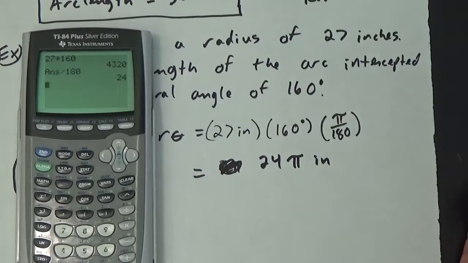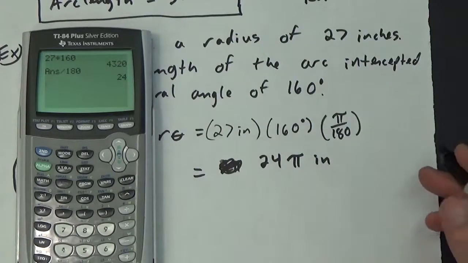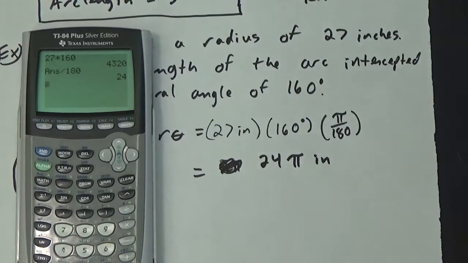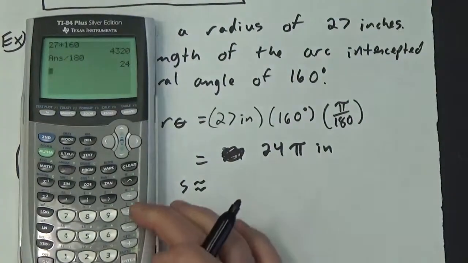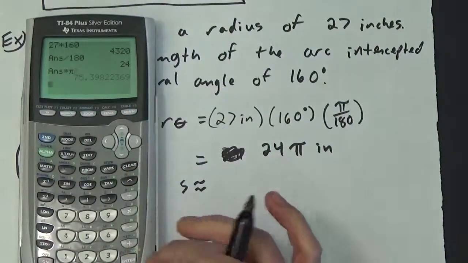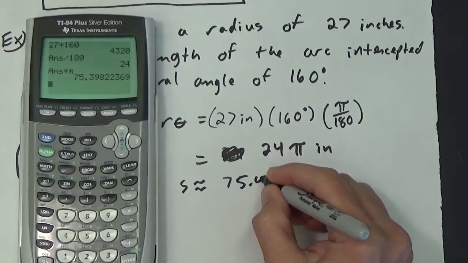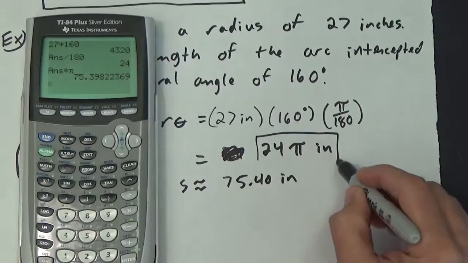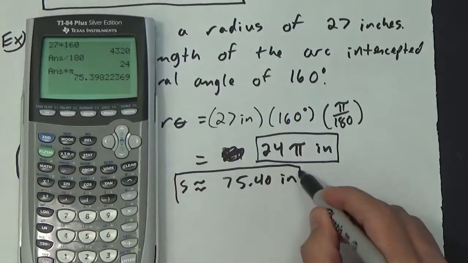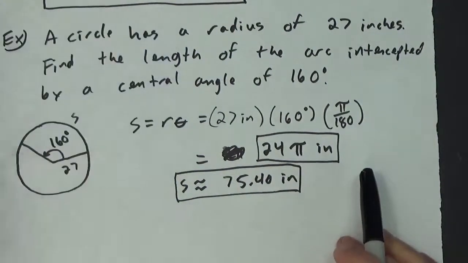Depending on the problem, if it's just a basic problem and you don't have a calculator, there it is. If you do have a calculator, sometimes it's nice to get a decimal equivalent, especially if it's a word problem. So we multiply that by pi, and we have 75.40 inches. Both of these are correct. It's sometimes nice just to give both of those answers so we are clear.